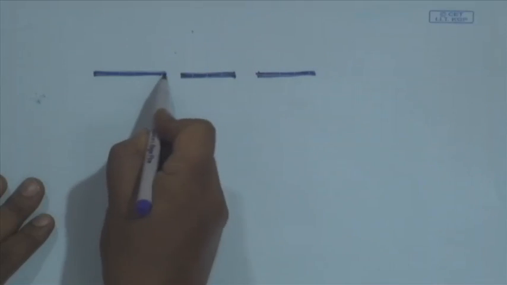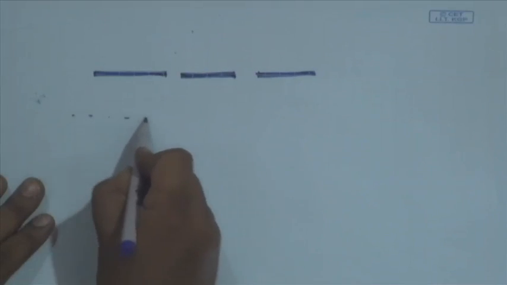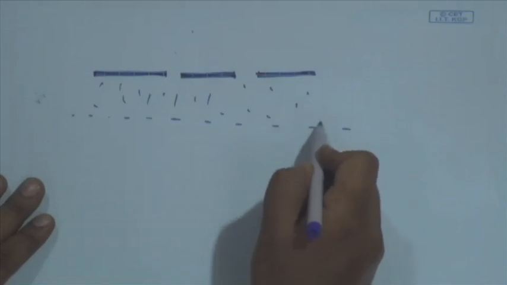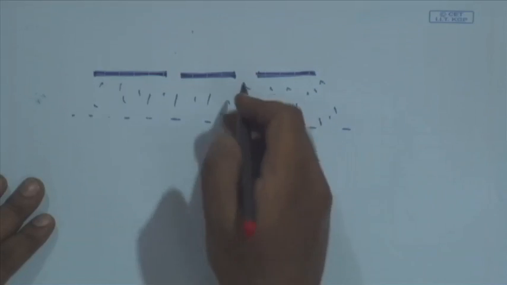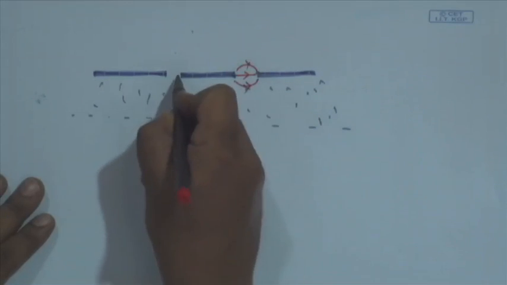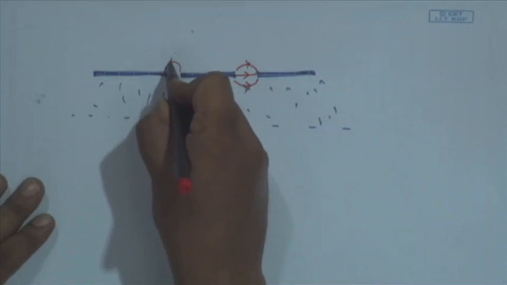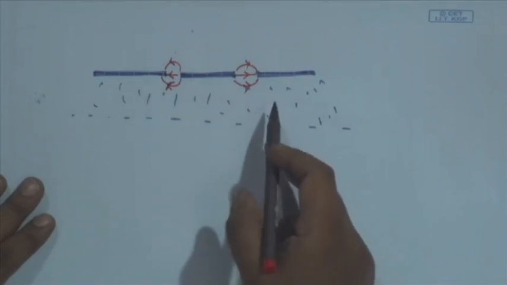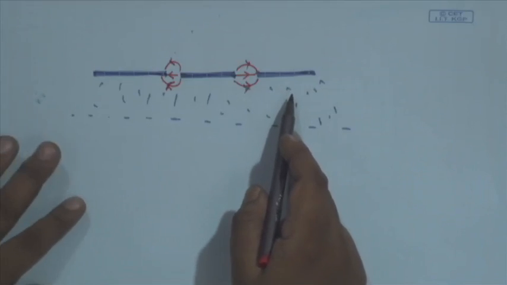I am drawing the cross section, and it is sitting over a dielectric. Now, if I plot the field, it starts from the signal line and terminates on the ground, left and right ground.